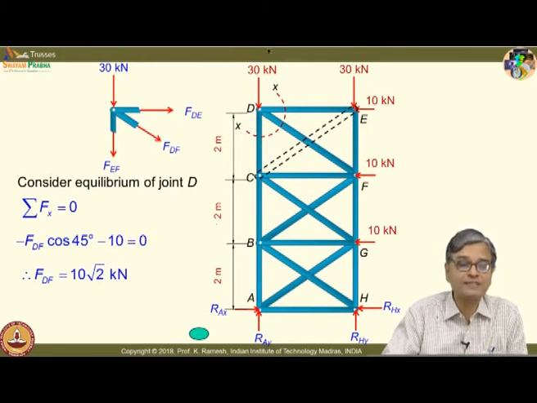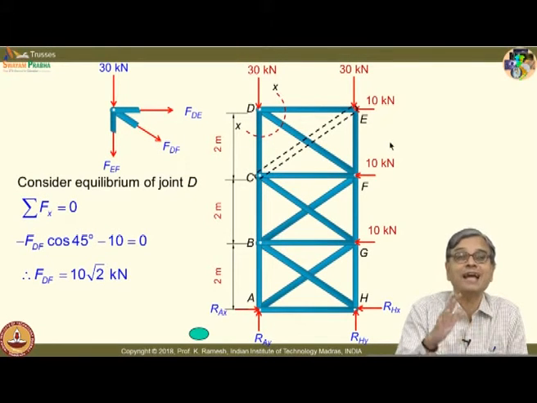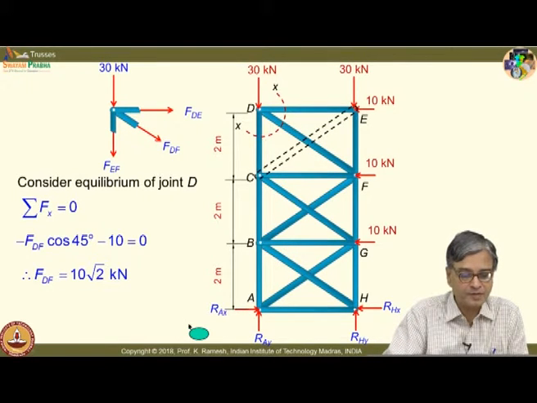Suppose I also have some loads acting from right to left, but I have major load acting from this direction, you may not be able to visualize clearly. So, you may have to verify both the cases and find out which is the actual deformation for the given loading. That I leave as an exercise to you.